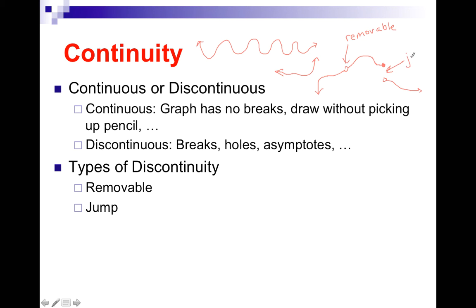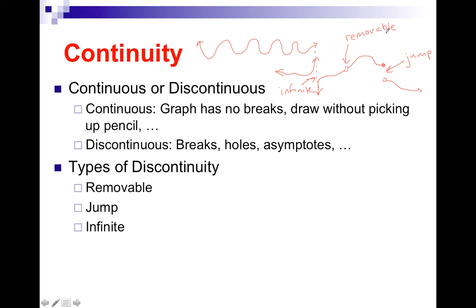This is a jump. And lastly, we call the asymptote one an infinite. This is an infinite discontinuity because it infinitely goes up and infinitely goes down. And those are our three different types of discontinuity.